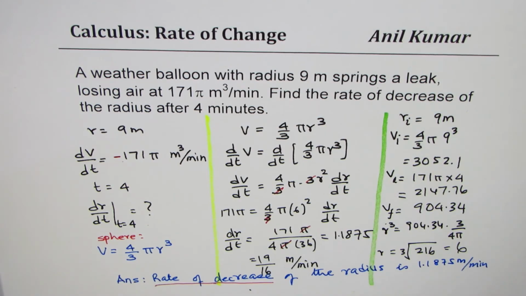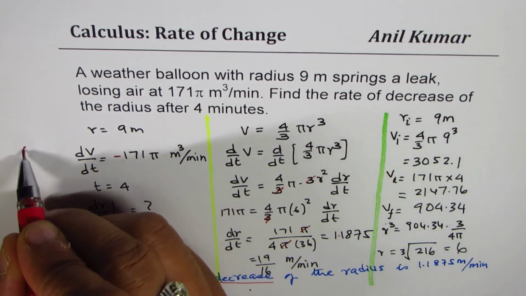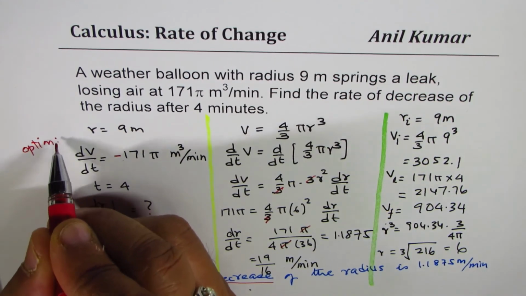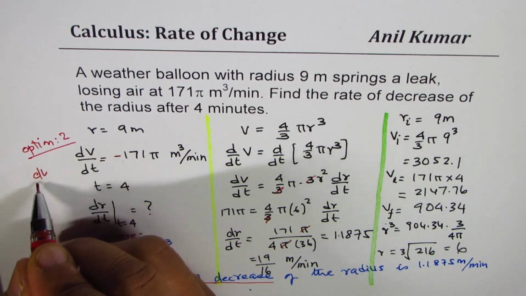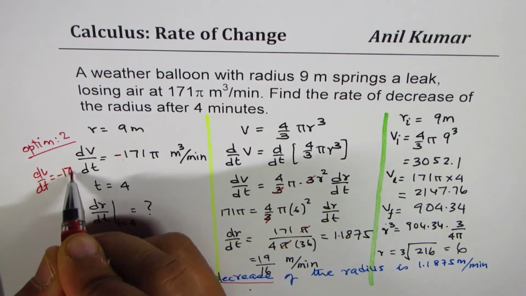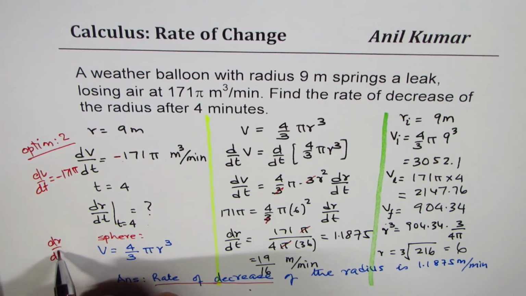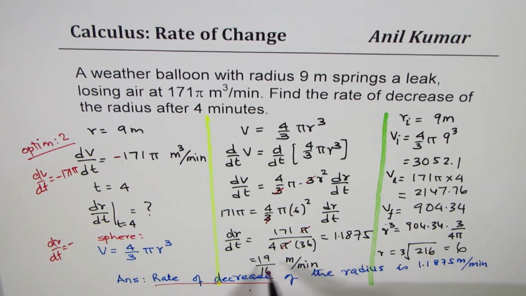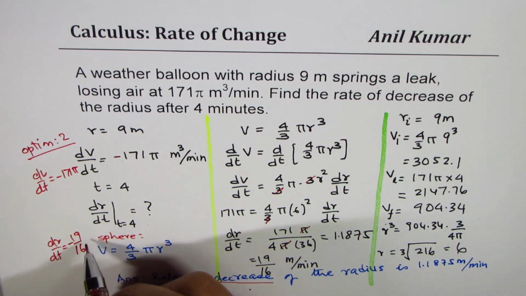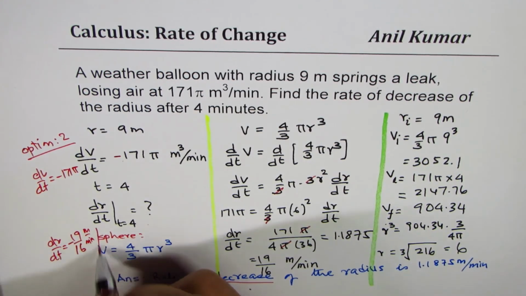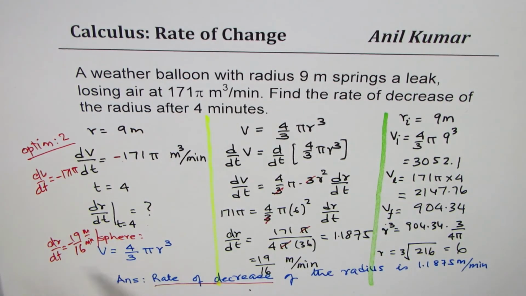So option 2 is you start with dV/dt equal to negative 171 pi, is it okay? In that case, you will write dr/dt is negative 19/16, for example, meters per minute. So that's an option. But if you're working with the statement decrease, you have to include that in your final statement to get full marks. Otherwise, this could be wrong. The answer will be negative of this.